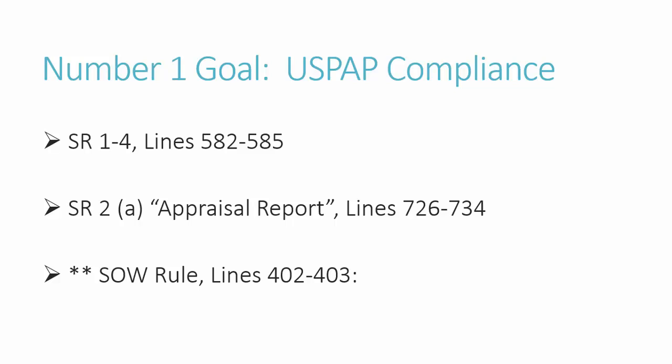You might look at lines 726 through 734, and it talks about the responsibility of the appraiser to report the analysis and to explain how the analysis was relied on in order to come up with a conclusion.